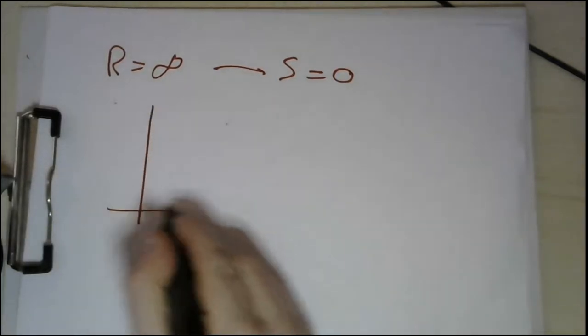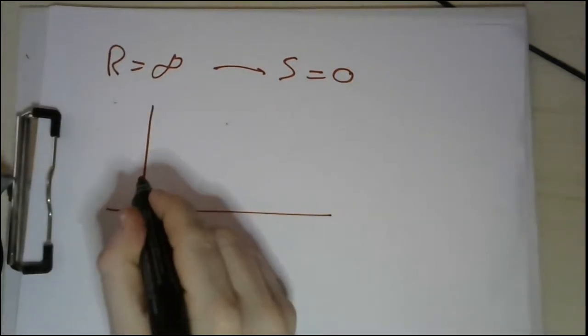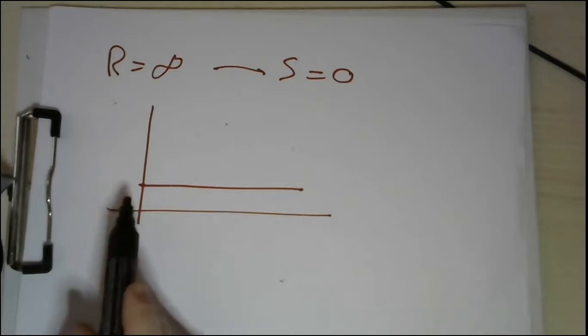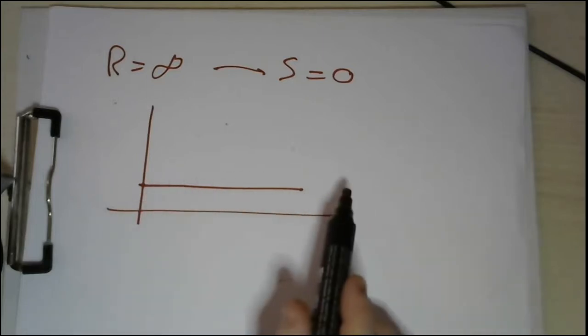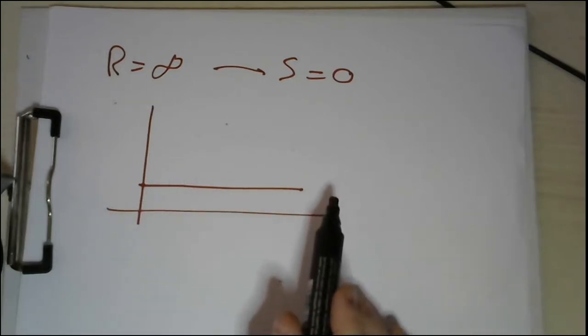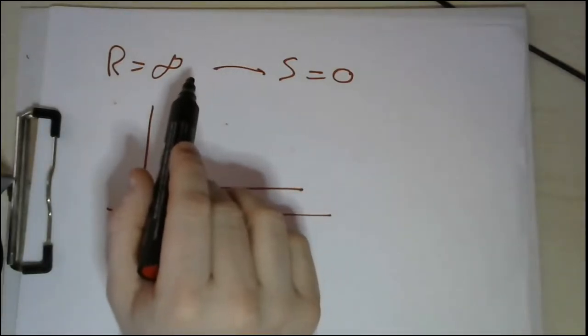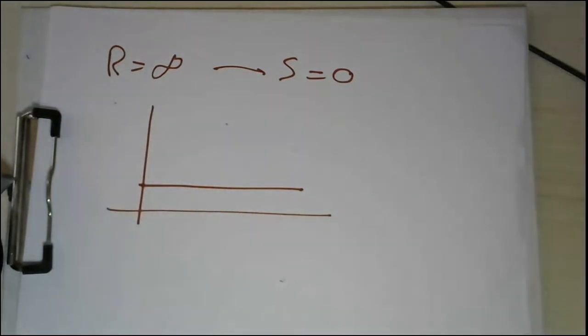So whenever you have a horizontal line like this, the slope is equal to 0, because delta y is equal to 0. A horizontal line like this indicates a 0 slope, which indicates an infinite resistance.